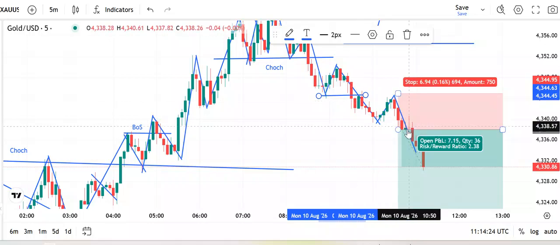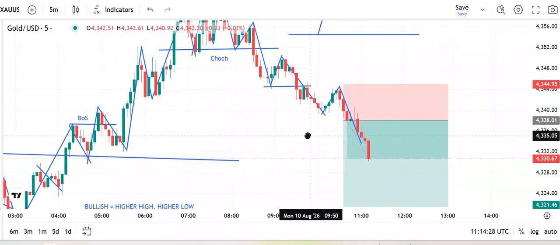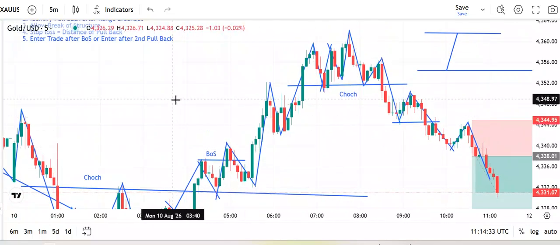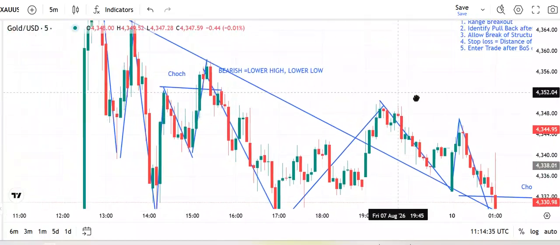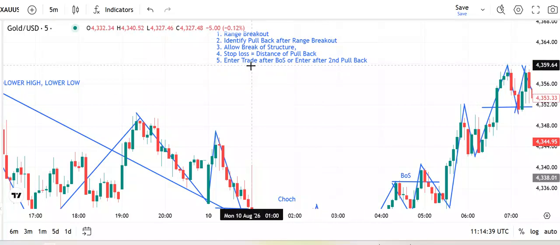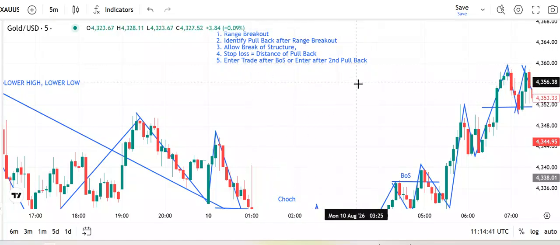Okay, but I did my own entry here because I didn't check the chart on time. I didn't get to analyze the time chart on time. So for this particular trade, enter after break of structure, or enter after second pullback.